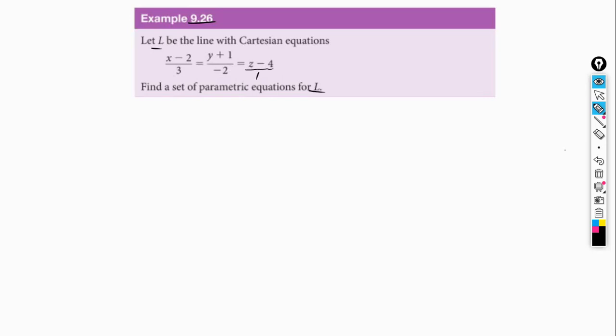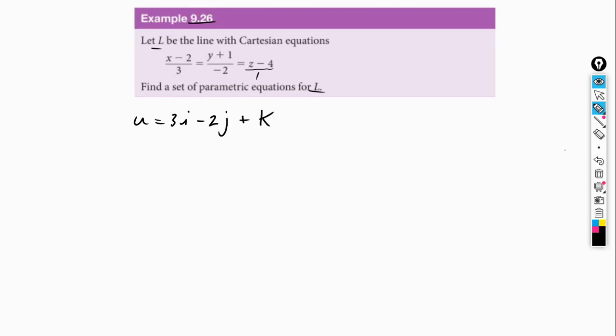Now let's recall that the numbers in the denominators are the components of a vector parallel to L. So we can write it as u is equal to 3i minus 2j plus k.